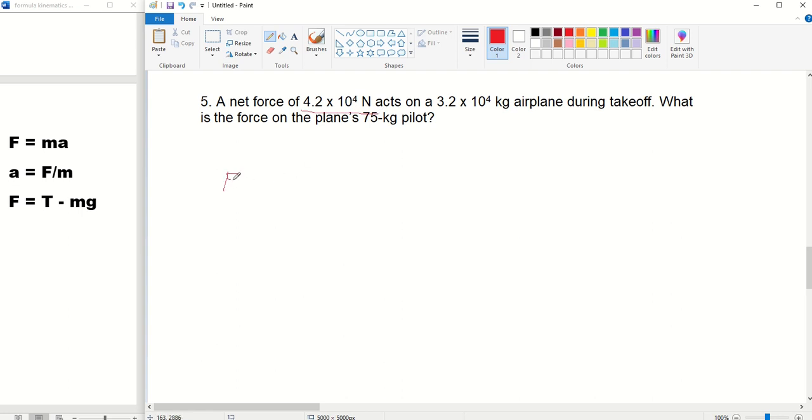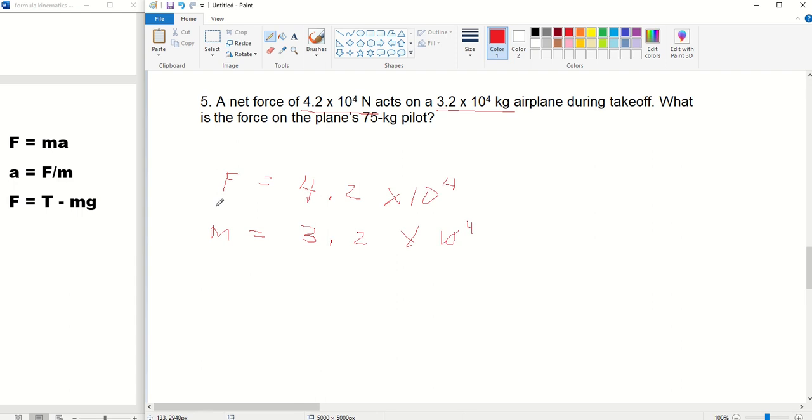Force or net force natin, equivalent sa 4.2 times 10 raised to 4. Ito ang force natin. And then, meron tayong 3.2 times 10 raised to 4 kilogram na airplane. Ito ang magiging mass ng airplane. M is equivalent to 3.2 times 10 raised to 4.